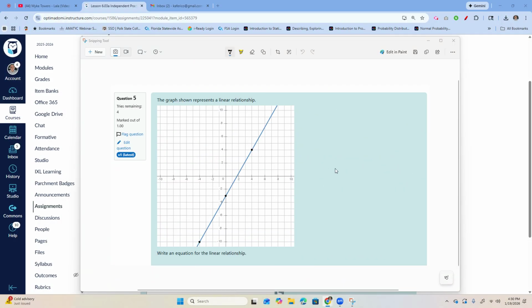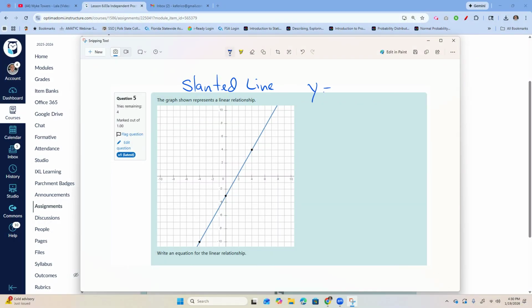Here's question number 5. Same idea, guys. All of these problems, you're doing the same thing. The equation of these slanted lines. Okay, this line here is a slanted line. The equation is y equal mx plus b. Okay, your job, find the value of b, find the value of m.